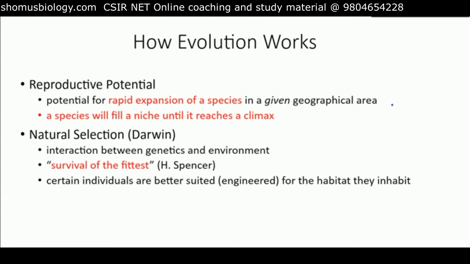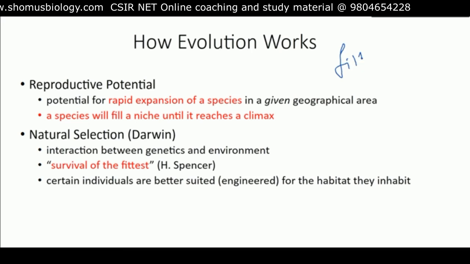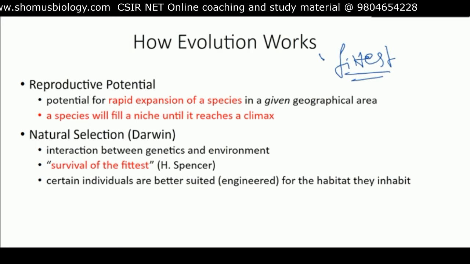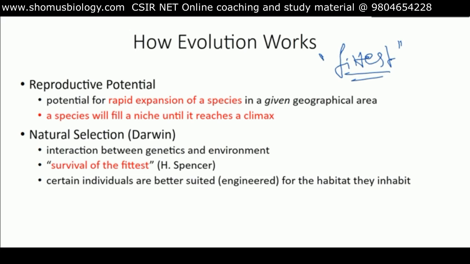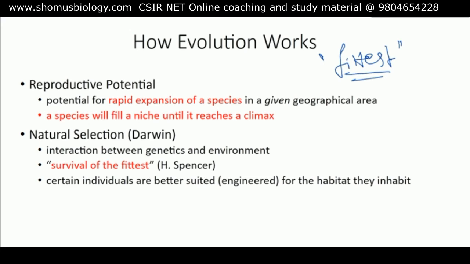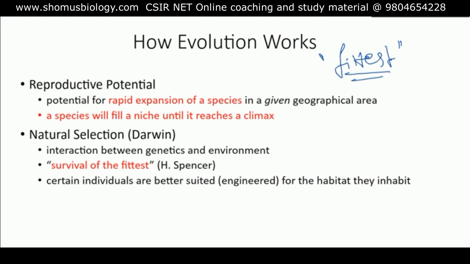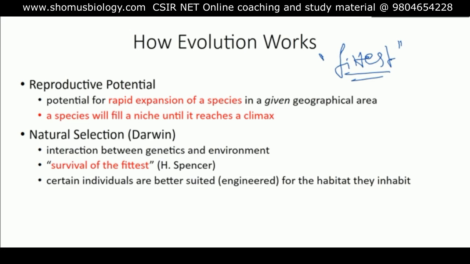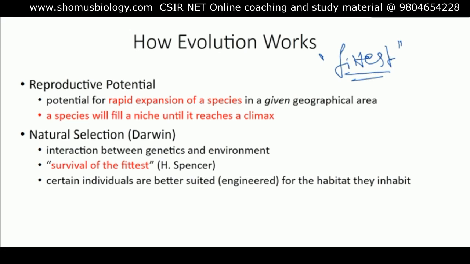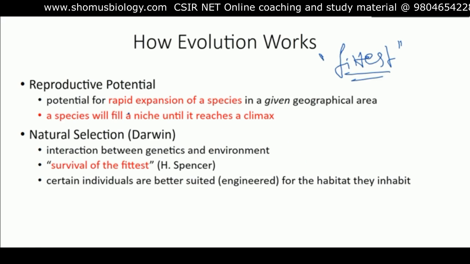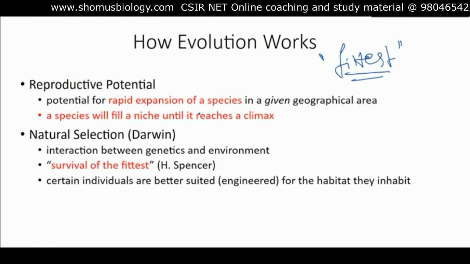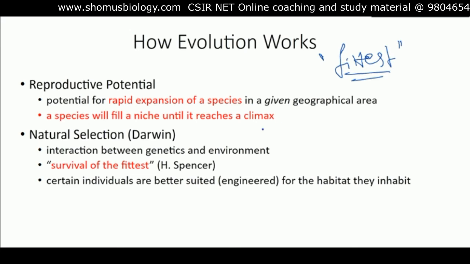Now if I ask you what we mean by fittest, because the term survival of the fittest is used, fit means what? Fitness is calculated by the lifetime reproductive outcome of an organism. That's why reproductive potential is a very important thing. Reproductive potential is the potential for a rapid expansion of a species in a given geographical area.